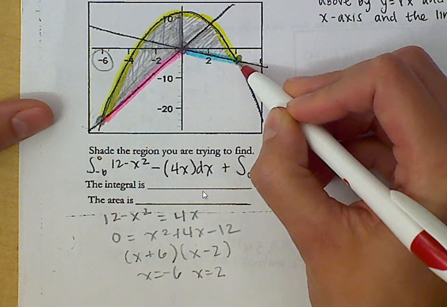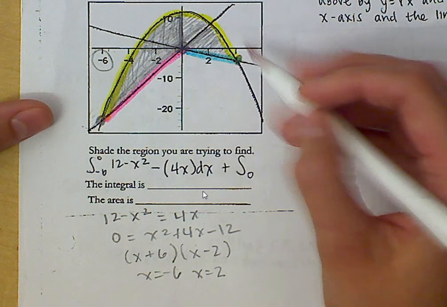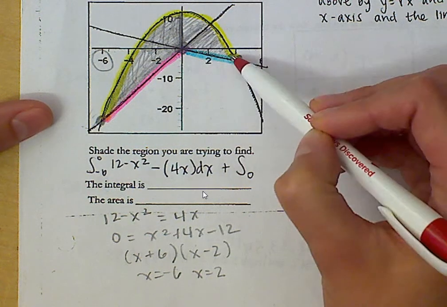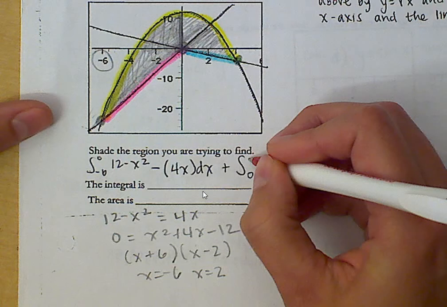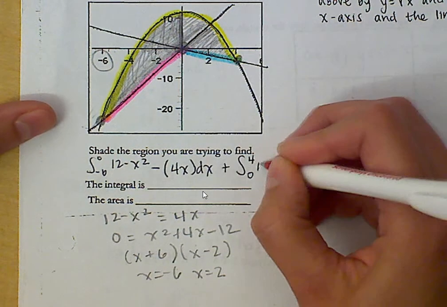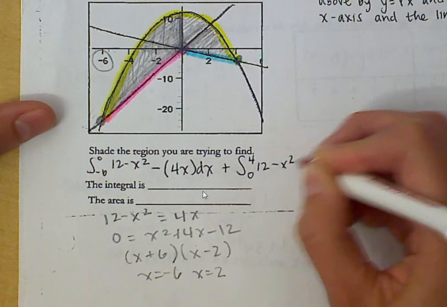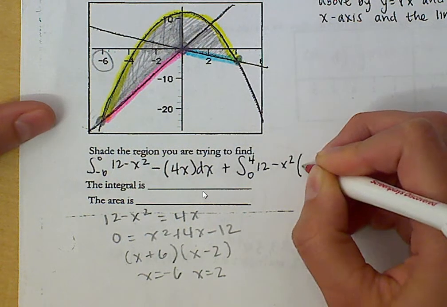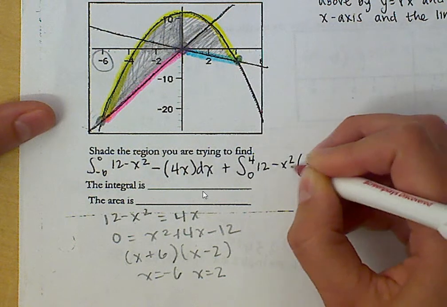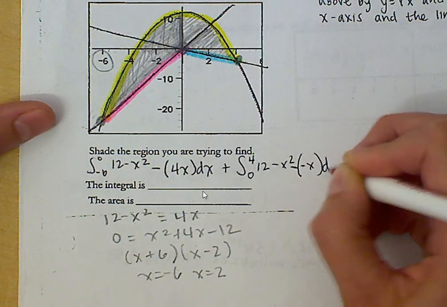If I set these equal to each other, we'd be able to tell. So I would set the yellow parabola and the blue function equal to each other. This point ends up being 4. So I'll just say from 0 to 4. The upper function is 12 minus x squared, and then the lower function is negative x. So it's minus negative x dx.